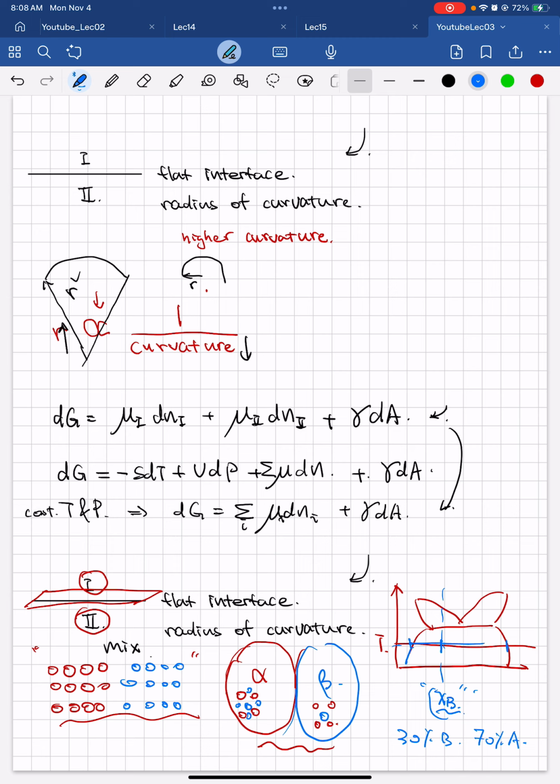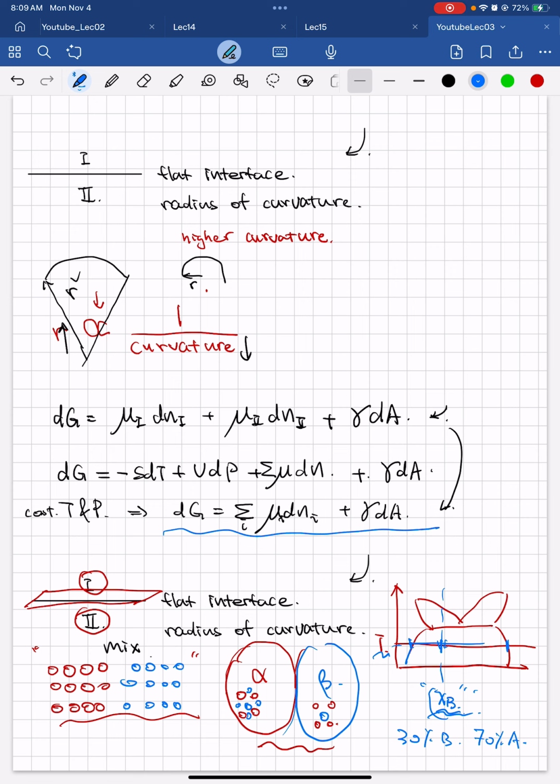And this amount simply varies with equilibrium. Do you understand what I mean? So at this amount of B, at this temperature and certain pressure, this lever rule is achieved by equilibrium, okay? And that equilibrium is coming from this equation.